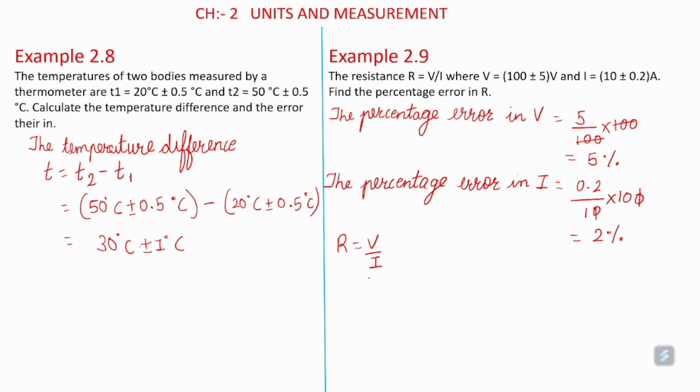So we know that when both of them are in division the errors will be added up. Whether it is multiplication or division, the errors are added up. So percentage error in R is equal to 5% plus 2%. So it would be 7%.